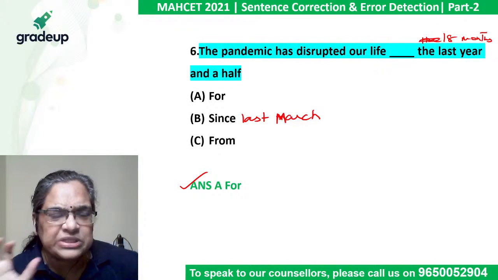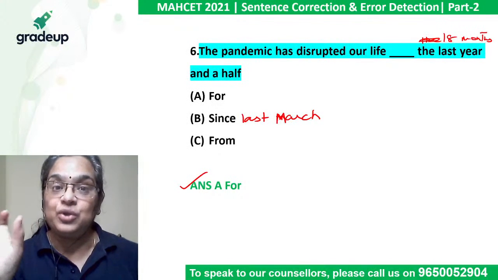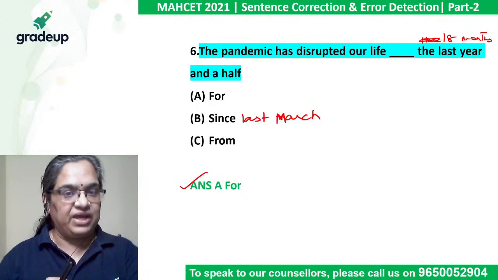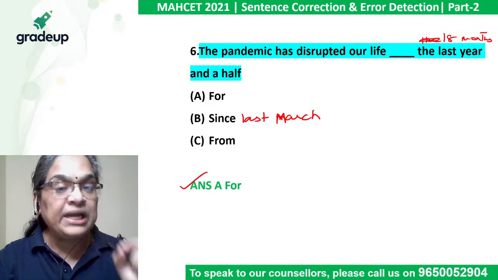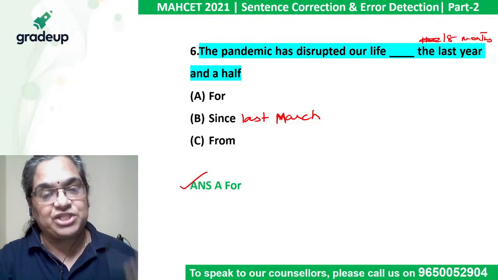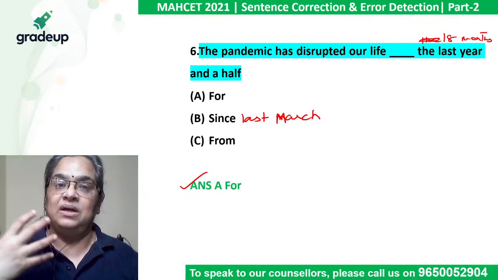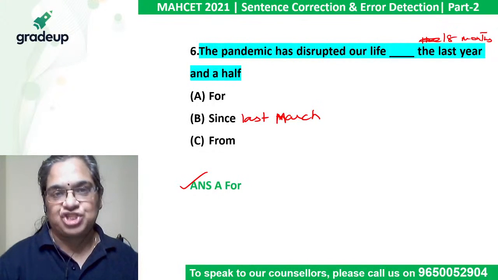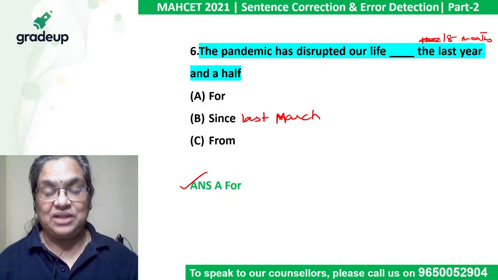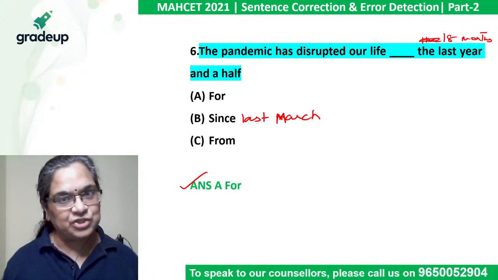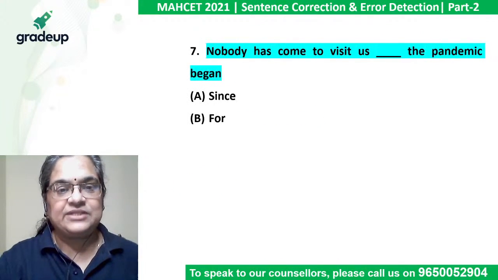The moment you see the time period, duration in months and year, month, week, then it is for. Only if the starting point is mentioned, since March, since January. I've been learning French since January. That means I've been learning French for 3 months. That's the difference. Understood? Good. Next one.